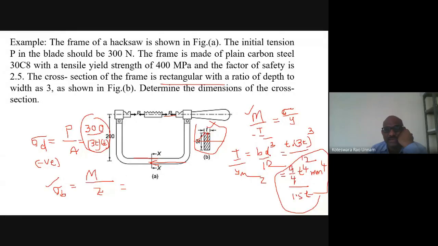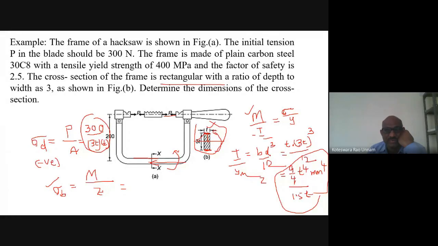In which direction is it? It is in anti-clockwise direction. So that means it is acting something like this. For this cross section, the bottom layer is subjected to tension, the top layer is subjected to compression. But the magnitude of both tension and compression is the same here because it is a symmetrical cross section.